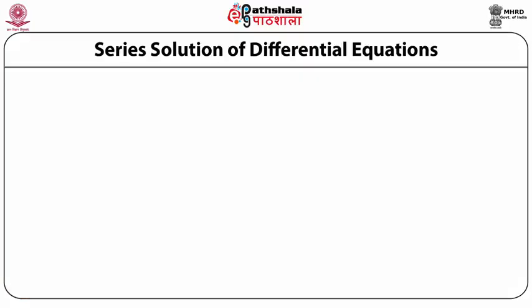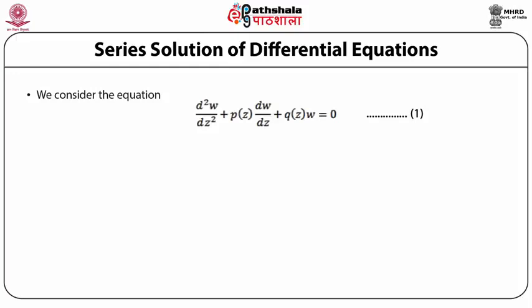Before we embark on finding a series solution of second-order linear equations, we first wish to see whether an analytic solution to the equation exists or not. So, we consider the equation d²w/dz² + p(z) dw/dz + q(z) w = 0.